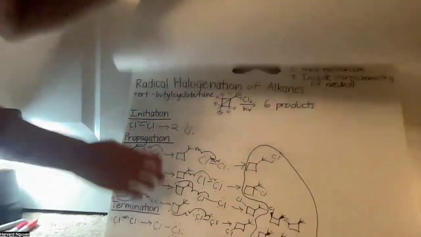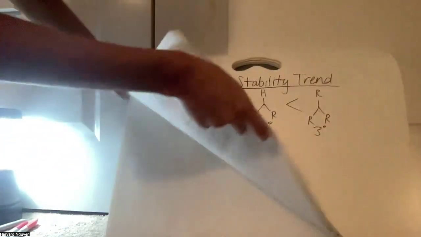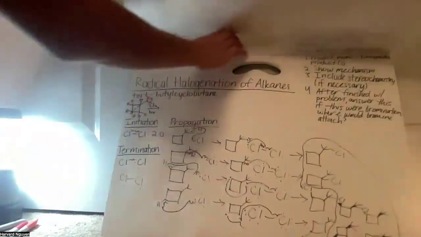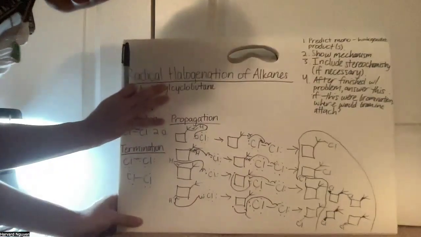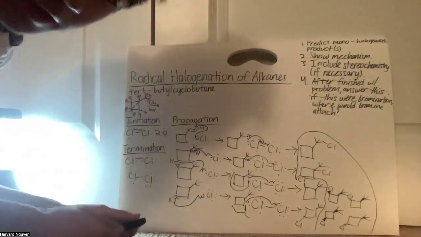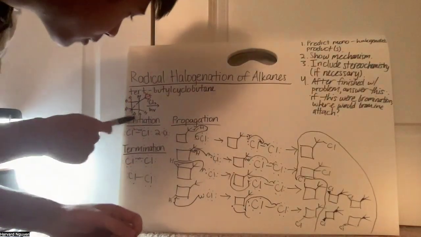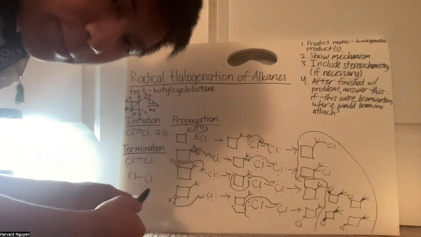So if we look back at the structure of our problem, all right, if a radical were to be formed from any one of these H's, where do you think it would attach itself?